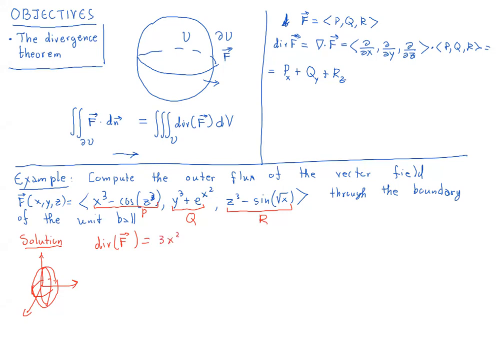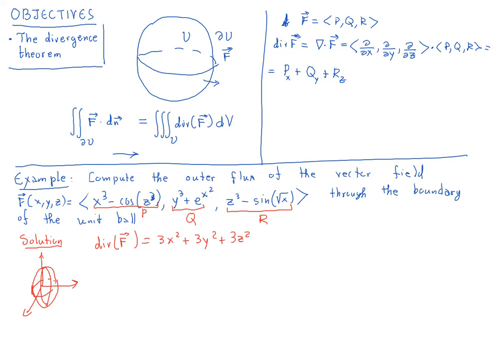The cosine of z cubed disappears, of course, plus the derivative of q with respect to y, same thing for e to the x squared, it's gone. So 3y squared, plus the derivative of r with respect to z, and again, sine of square root of x is gone. So plus 3z squared.